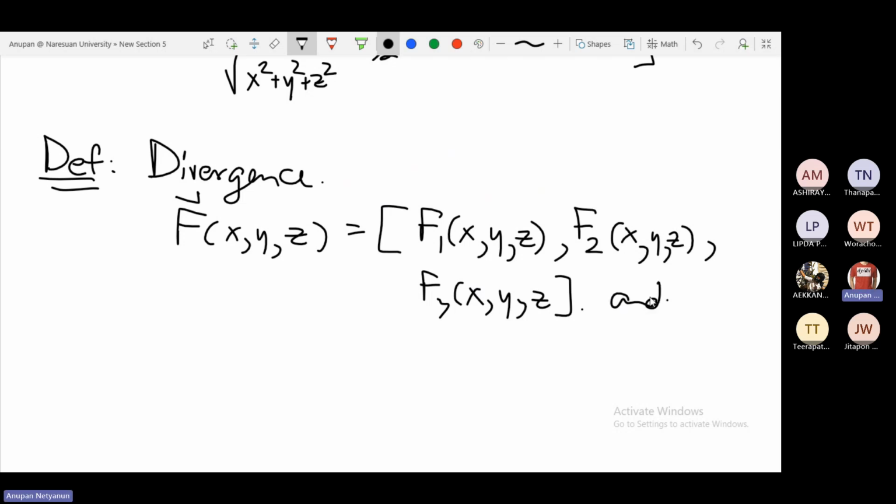Let me use the notation, the divergence of f. This is the notation for the gradient, right?